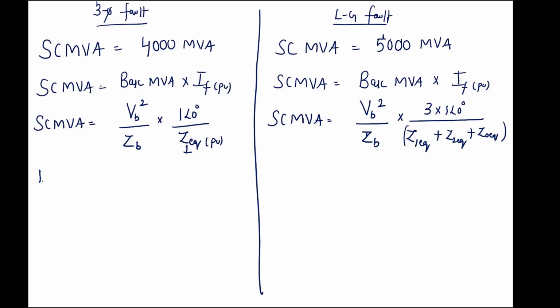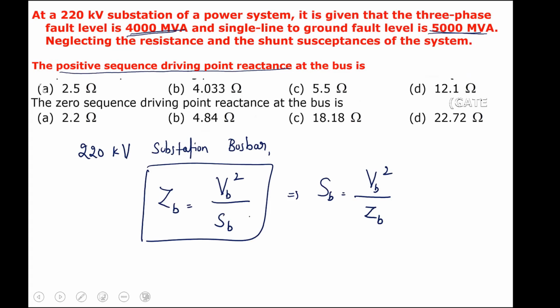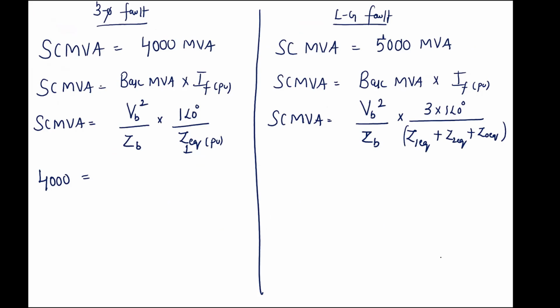Now the short circuit MVA value is 4000. The bus bar voltage is 220 kV substation, so our base voltage we take as 220 kV. So it becomes 220 kV square divided by Z base multiplied by Z1 equivalent per unit. Base value multiplied by per unit value gives the Z1 equivalent actual value.